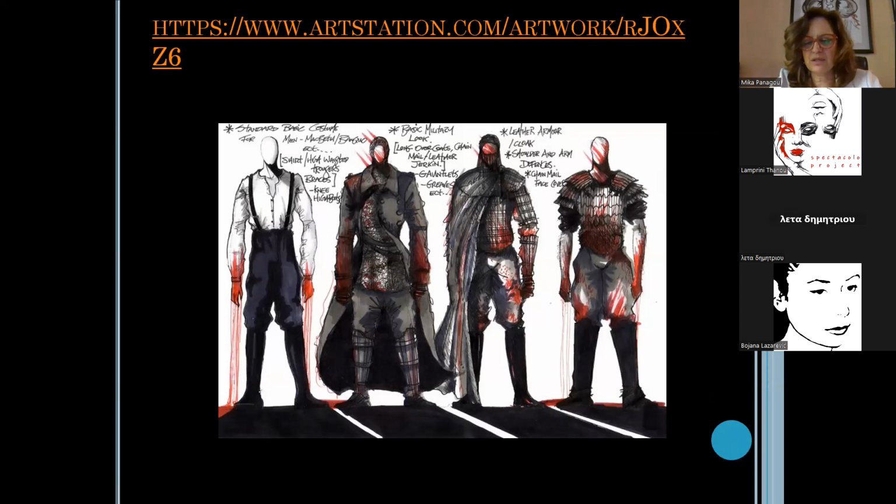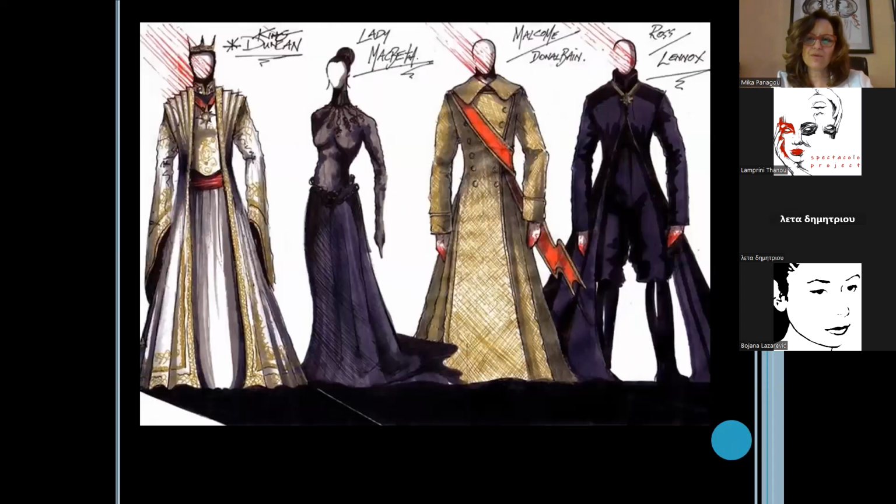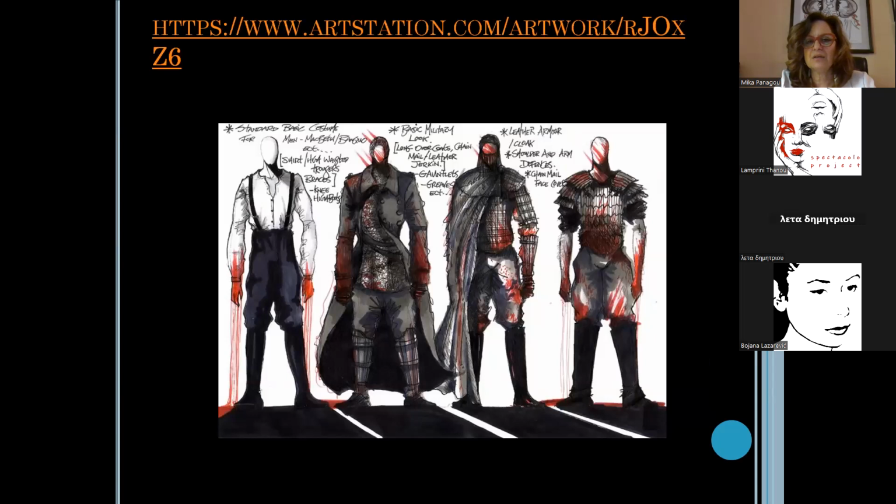Before, we saw the most important characters, one next to the other. And we really like to know with sketches, do they go well with each other? The colors, the styles. Here, we are watching one character, so we are doing variations of the costume.